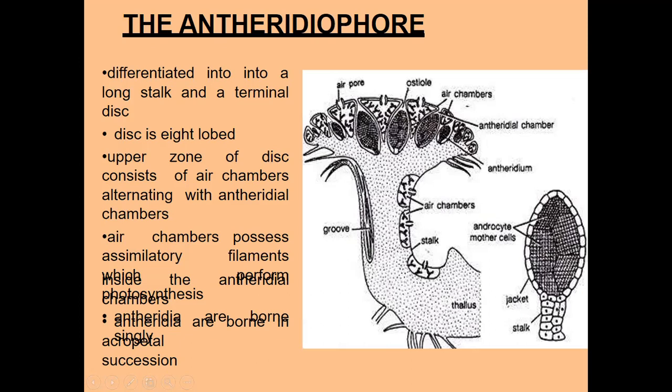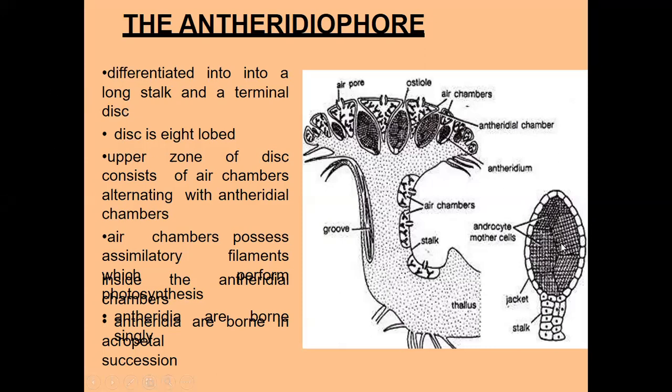What is the antheridial chamber? It is a lobe which possesses the male sexual organ, the antheridia. Hence it is called the antheridial chamber. There are 8 such chambers in the disc of this antheridiophore.